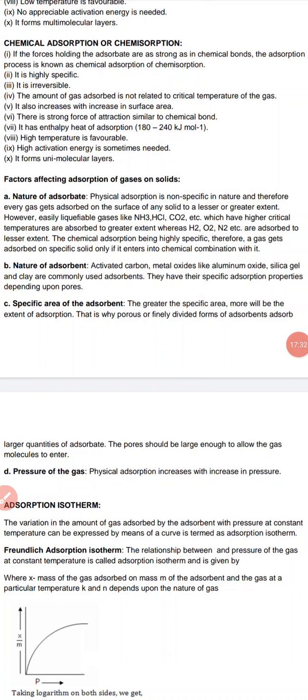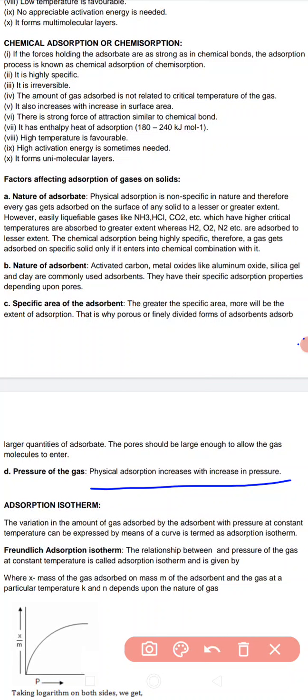If I just summarize what factors affect the adsorption of gases on solid: the first factor is the nature of the adsorbate, second is the nature of the adsorbent, then the specific area of the adsorbent, and last is the pressure of the gas. As these change, the process of adsorption also changes.